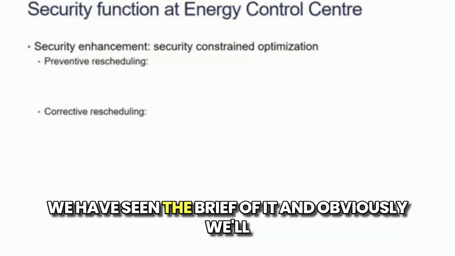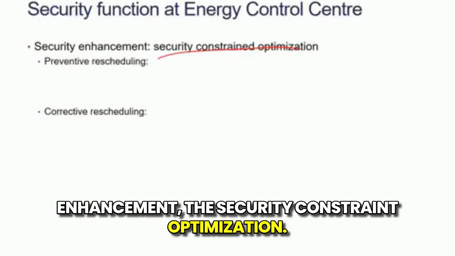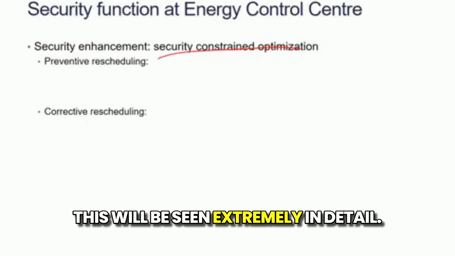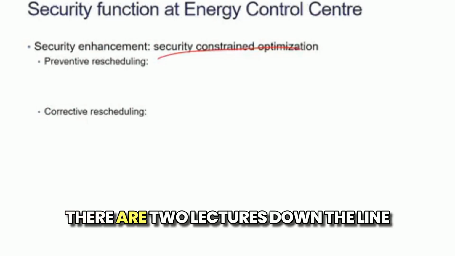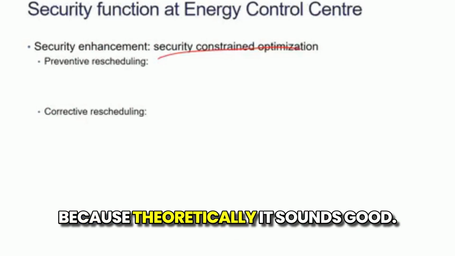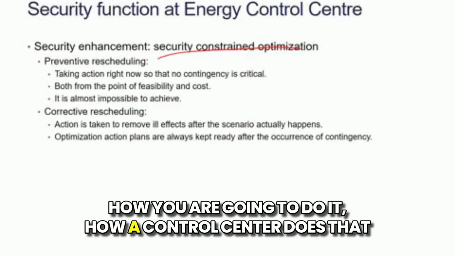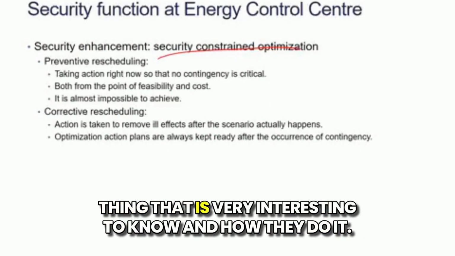We have seen a brief of it, and obviously we'll be seeing detail on security enhancement. This security constraint optimization we'll see in extreme detail. There are 2 lectures down the line I have scheduled where I'll explain it, because theoretically it sounds good and you can easily visualize it, but mathematically how a control center does that is very interesting to know.